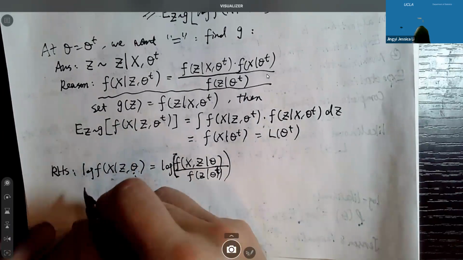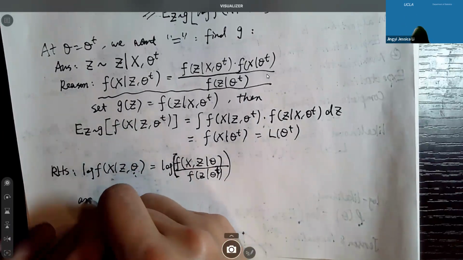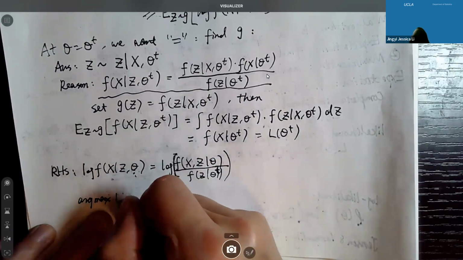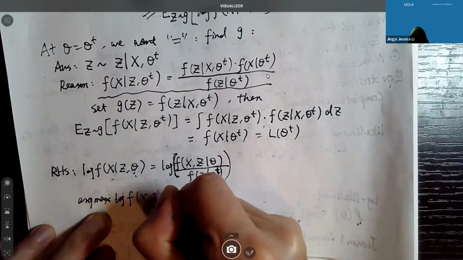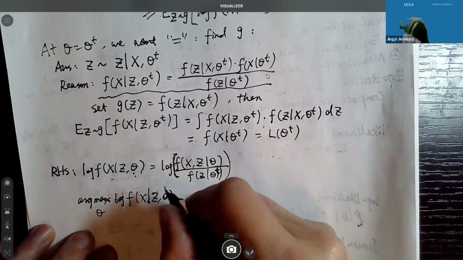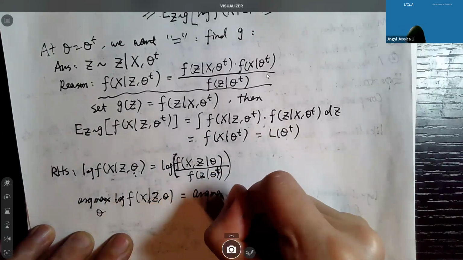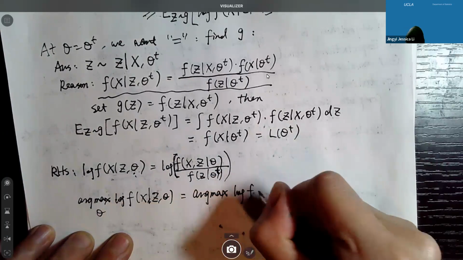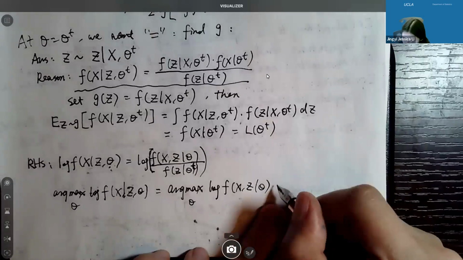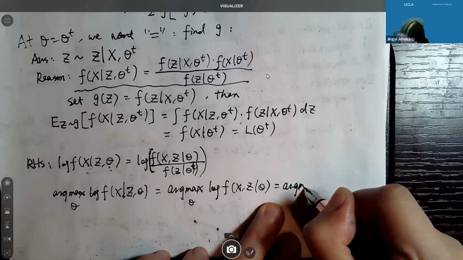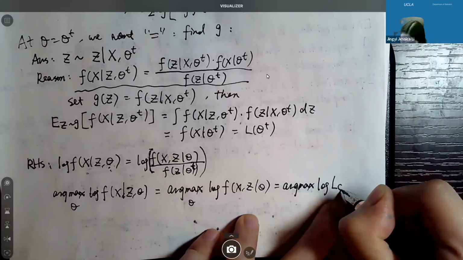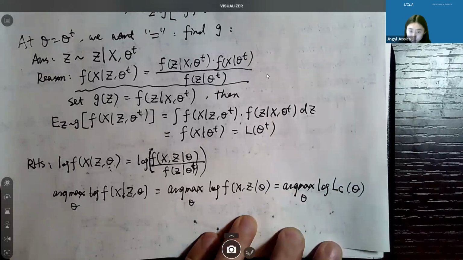So if we want to find the argmax of log f(x | z, theta) in terms of theta, it becomes the same as finding the maximizer of log f(z | theta), and this is just the argmax of the complete log likelihood. So I'll just write it as the complete log likelihood of theta.